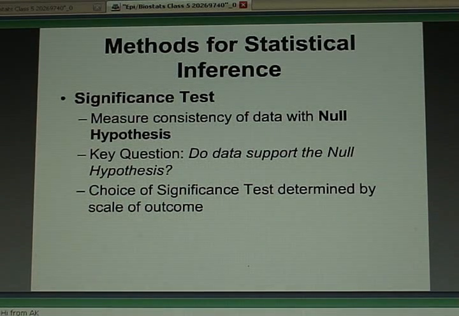So what a test of significance in such a study would be saying is how consistent are the data you observe with the statement that this drug doesn't affect your risk of developing diabetes, or this lifestyle intervention does not affect your risk of developing diabetes.